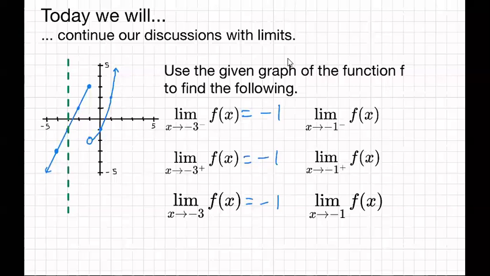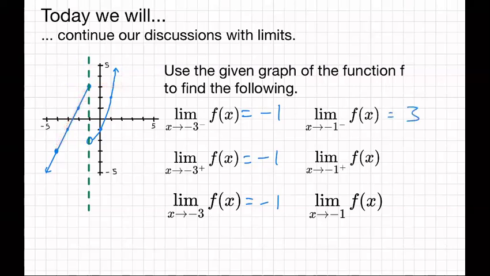All right, then for the second one, we want to be careful because there's a little bit of a difference going on here. Now, instead of focusing on -3, we're focusing on -1. As I approach from the left-hand side, this one approaches +3.